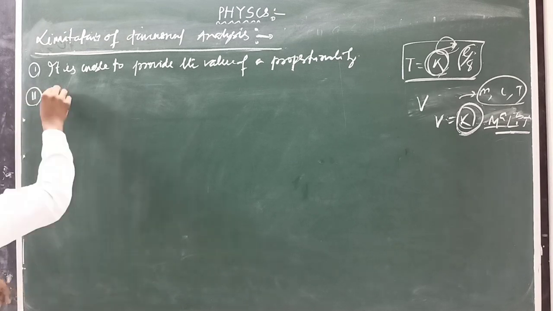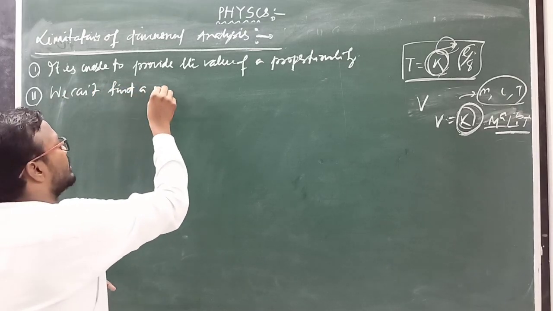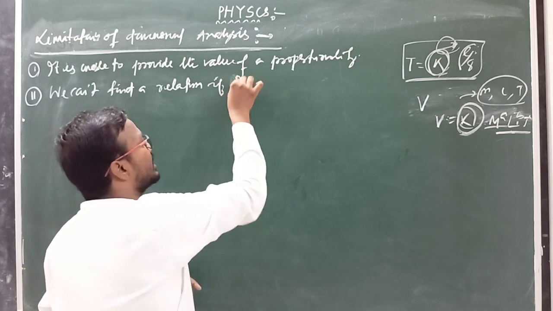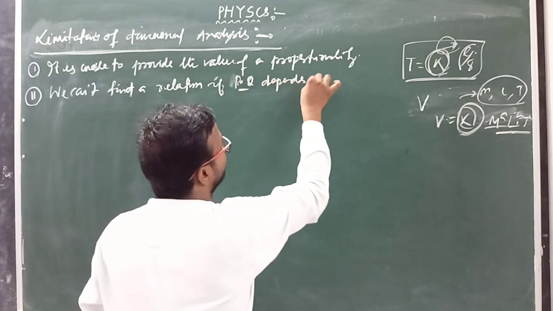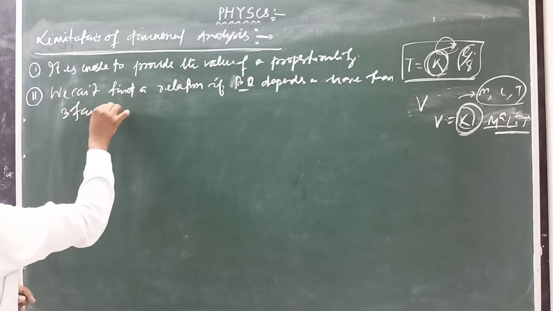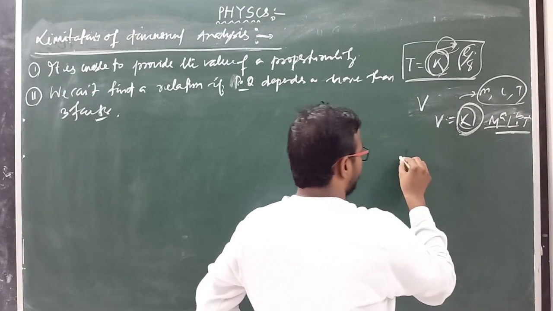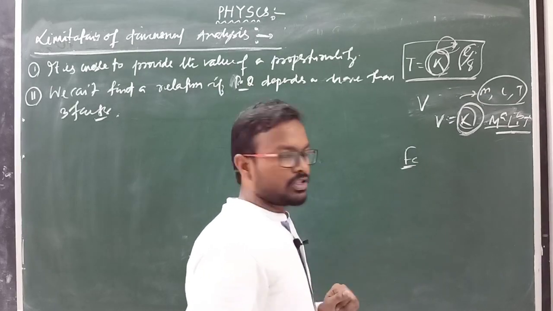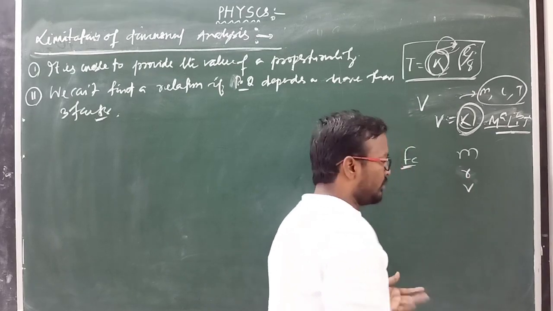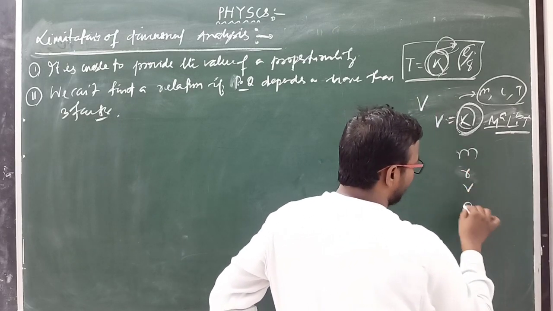And second limitation, we can't find a relation if a physical quantity depends on more than 3 factors. Suppose you want to find the centripetal force F, and that centripetal force depends on mass, radius, velocity, and you can take another physical quantity also, acceleration.